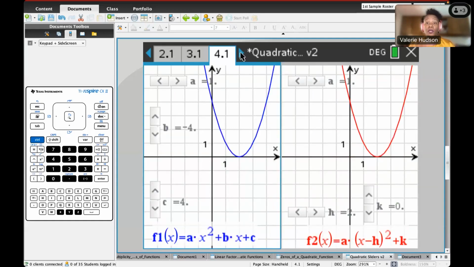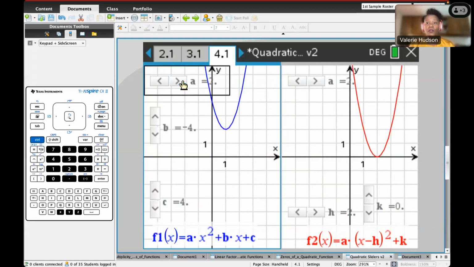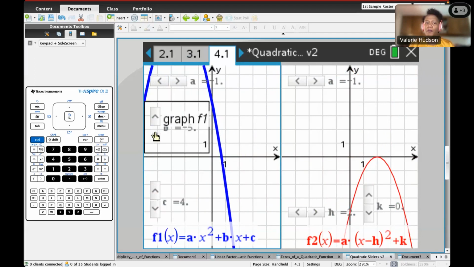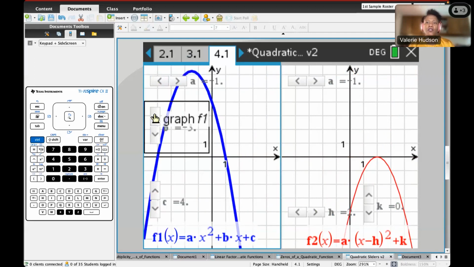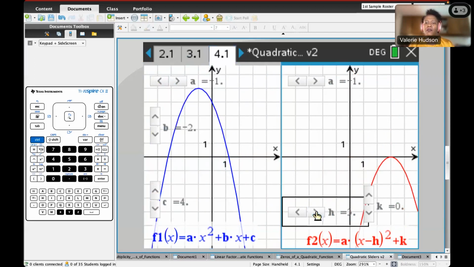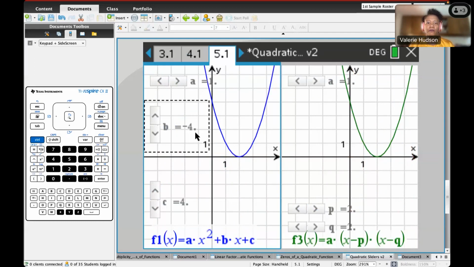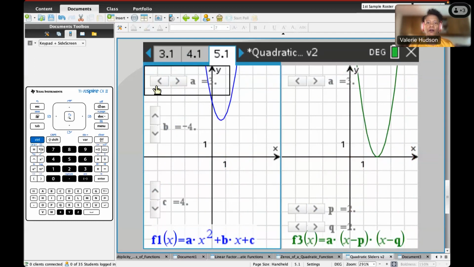And then as we continue on, we have comparisons between the various forms. So the students have to identify, well, which parameter or parameters looks like it's doing the same thing. And the same thing here.